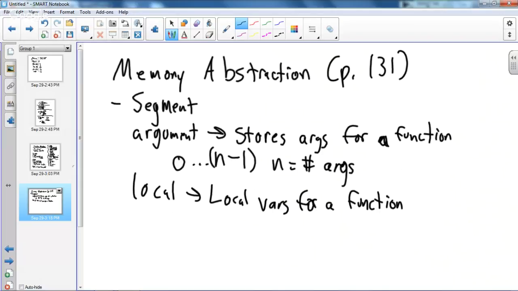Now, what's the difference here? Argument, in the end, is going to need to be accessed by whoever calls the function because it has to send the arguments. Local is something that only the function itself is going to deal with. And that's why those are distinct segments of memory. Okay.